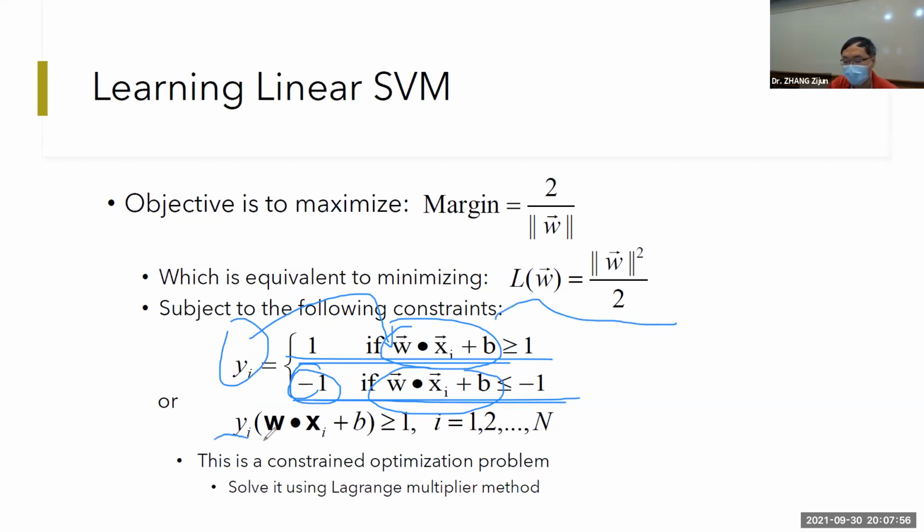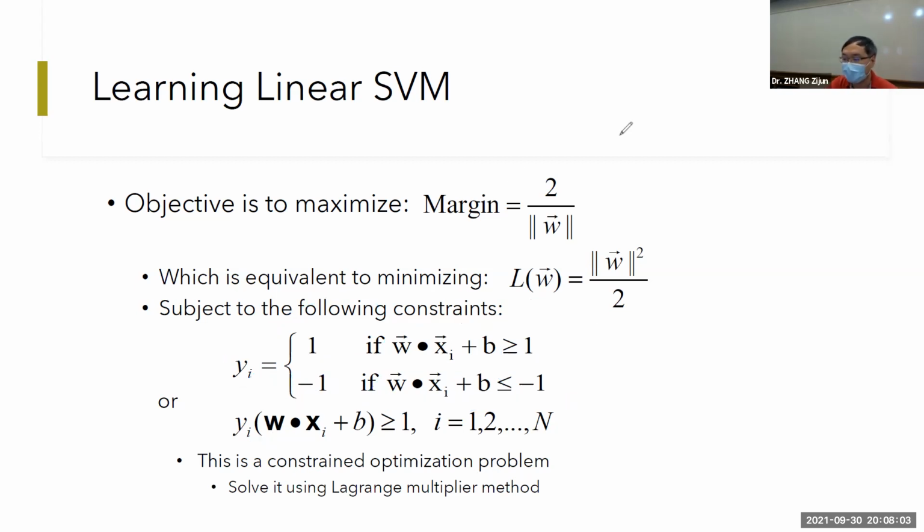And this problem will be solved by using the Lagrangian multiplier method. The simple case can be analytically solved. You can get the dual problem. So solving this support vector machine, you need to touch some convex optimization knowledge. You need to know what duality is.